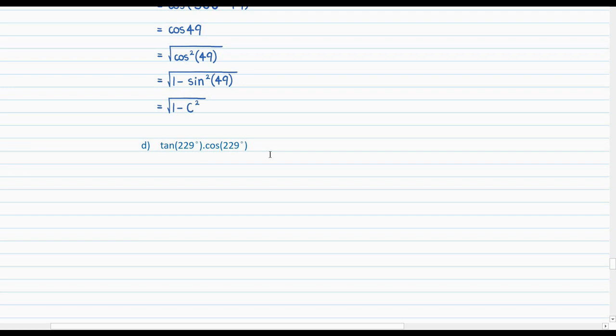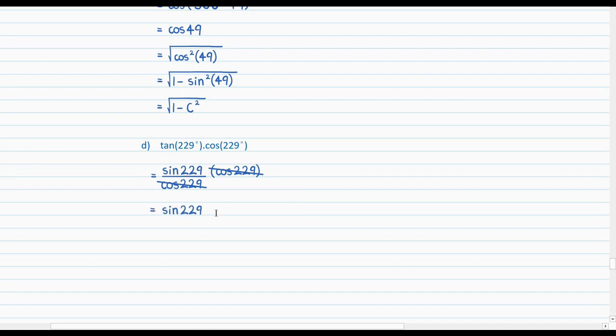But anyway, the trick this time is to apply the quotient identity and rewrite tan 229 in terms of sine and cos 229. Then these two cos 229s conveniently cancel out, leaving just sine 229.